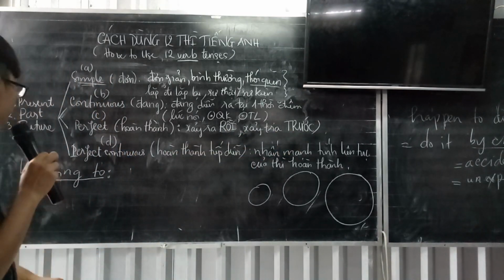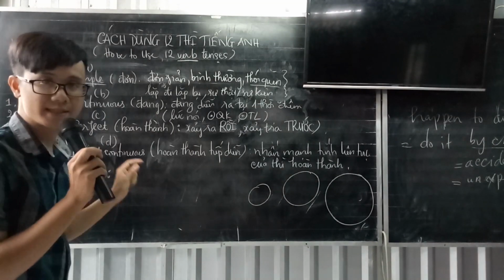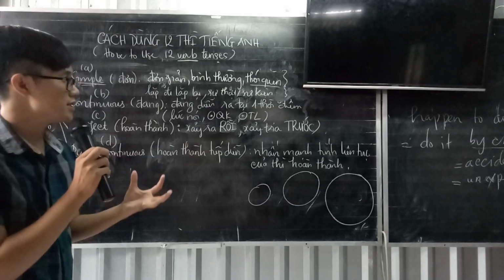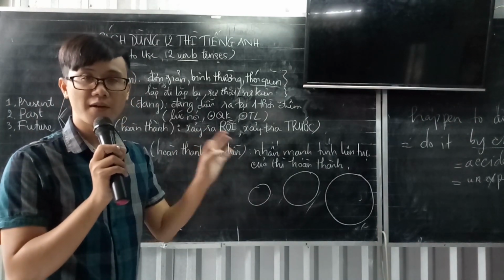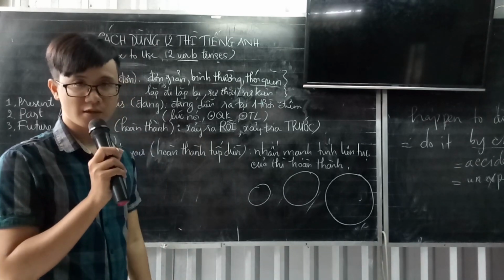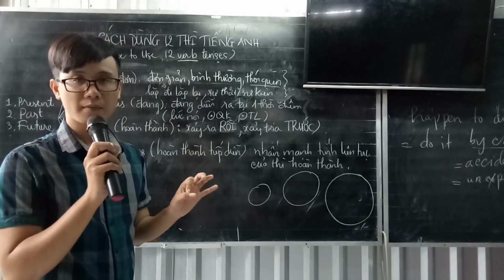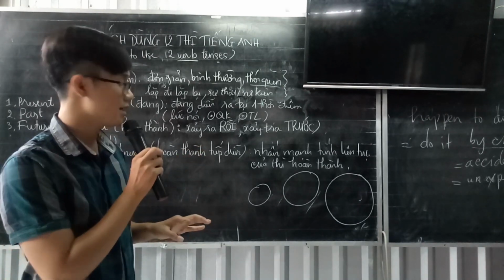For example, past perfect. We use past perfect tense to show an action which had happened before another action in the past, or before a point of time in the past.